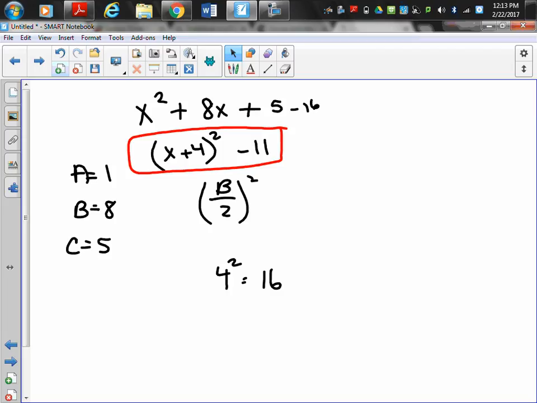I can't just add 16 and have it be the same, so I also have to subtract it. So I use B to get what I'm squaring: B divided by 2 squared. And then whatever you added, that's 16, you have to subtract from your C.